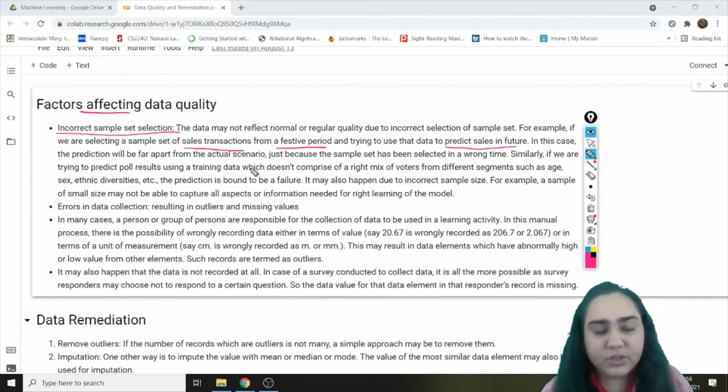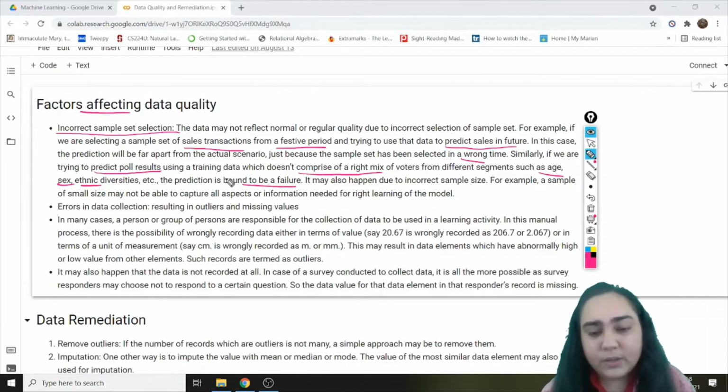Okay, so prediction will be very, very far apart from whatever is the actual scenario, and you will definitely get a wrong prediction. Similarly, if you're trying to predict poll results using some training data that does not comprise a right mix of voters from different segments, like you did not consider voters with different age, sex, ethnic diversities, etc., then the prediction again can fail.